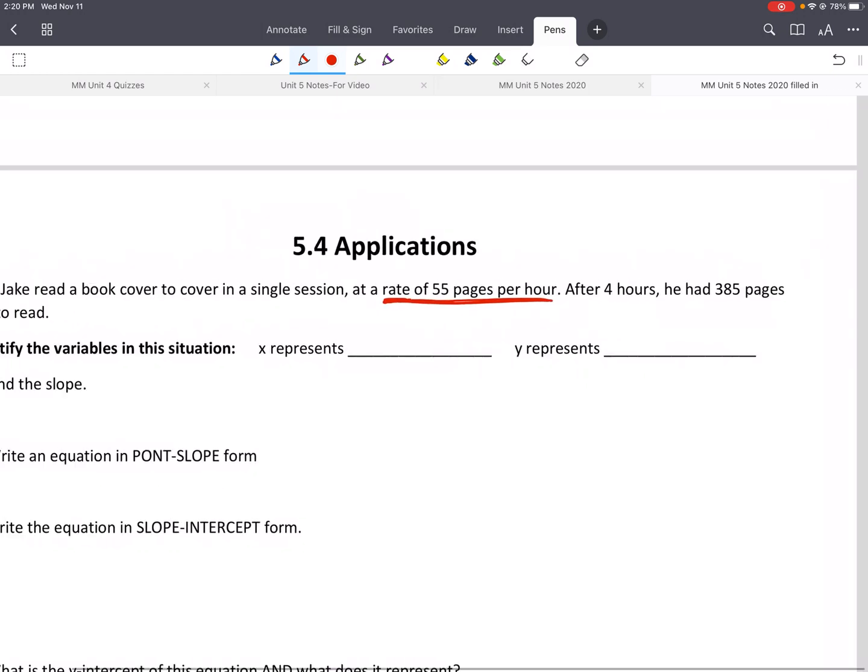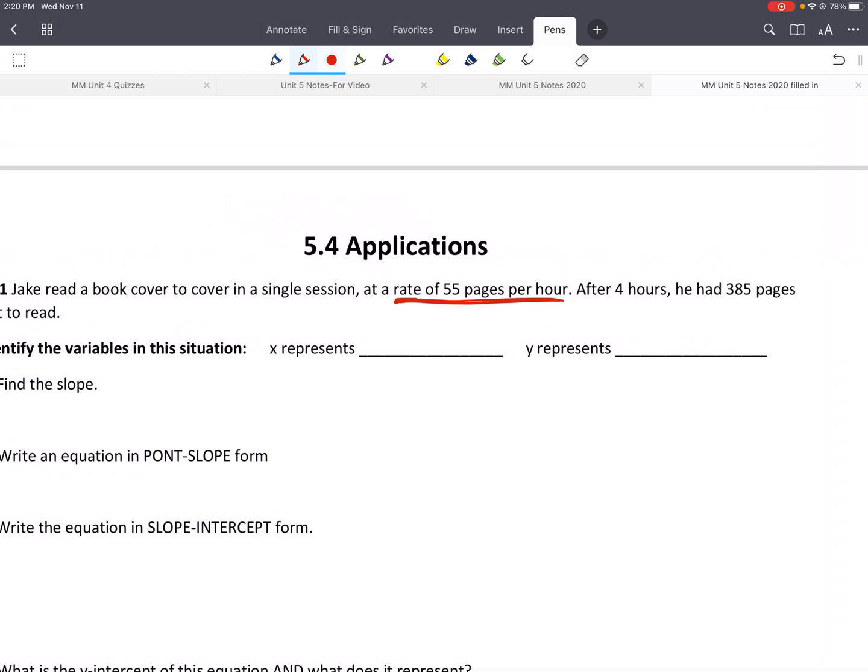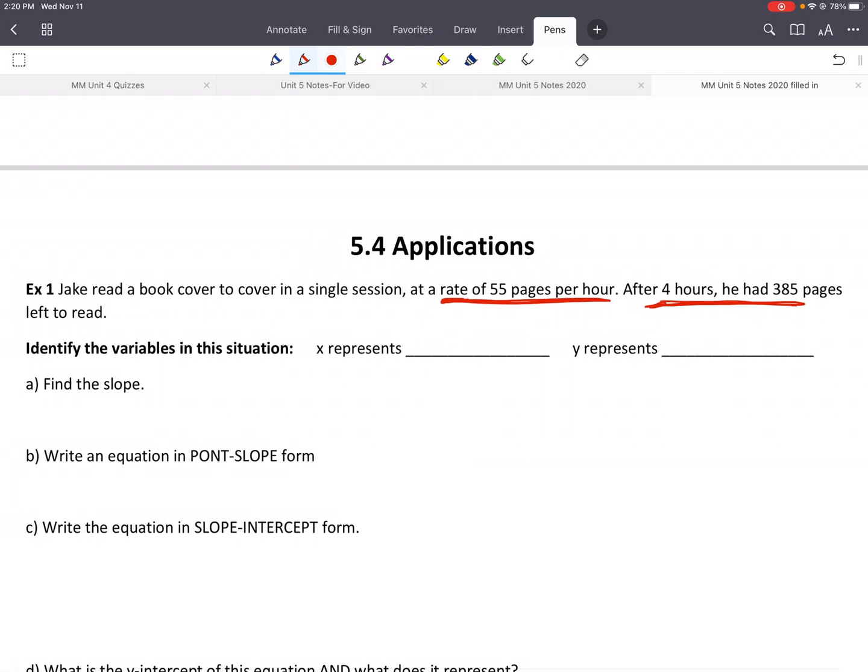It says after 4 hours he has 385 pages left to read. All right, so that's our 2 things that we need to know. We need to decide what those mean.